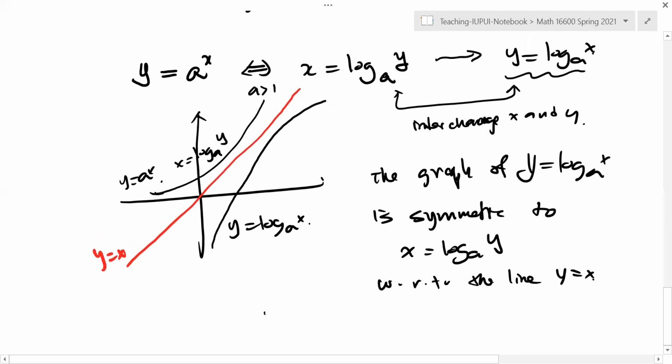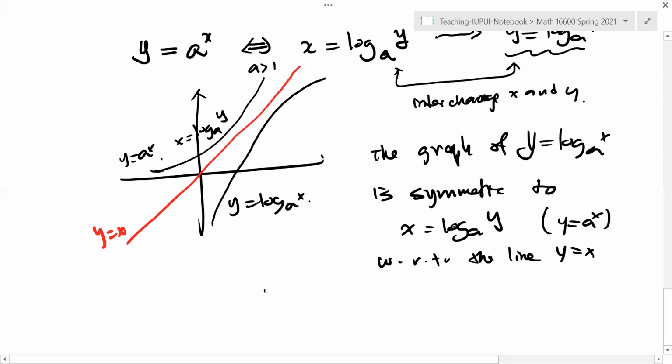So x equals log base a of y is just the same as y equals a to the x, just in a different form. All right, so that is the graph. If a is greater than 1, then the log function is also increasing, right?